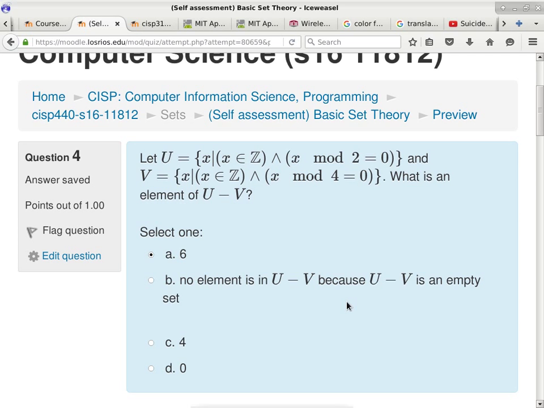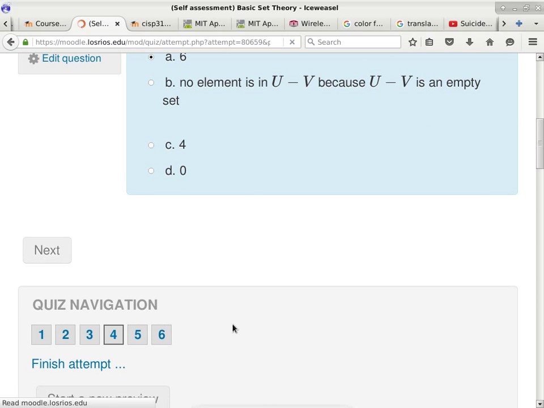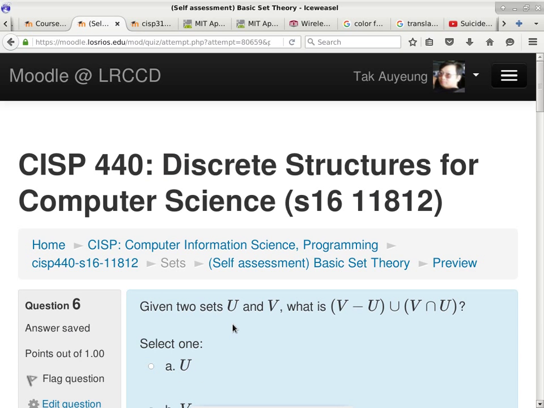Yep, go ahead. What if those two sets have nothing in common? What if they're disjoint? Okay, so if these two are disjoint, you have V sitting somewhere, and then you have U somewhere else. So let me switch back to that question so we can see the context. In this case, we have this being V and this being U. What is V minus U?